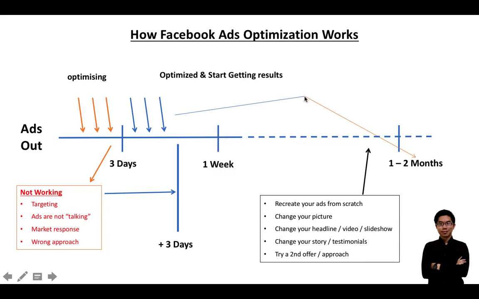You will see the clicks decline. You will see the ad registrations decline, so you start to see less and less registration coming in. So what you need to do in this period is recreate your ads from scratch again. This time you need to change your picture, your headline, your video, your slideshow, and your other approaches, because in Facebook ads you can use pictures, videos, and slideshows.